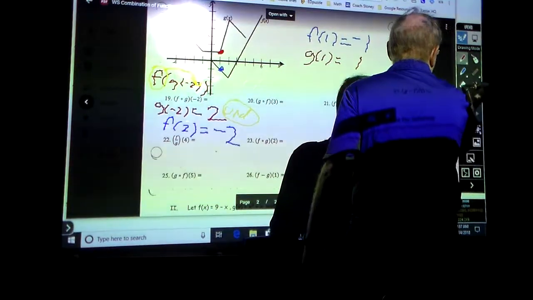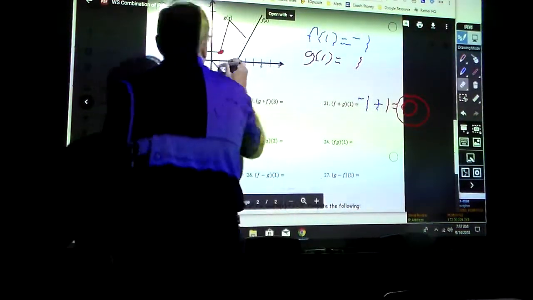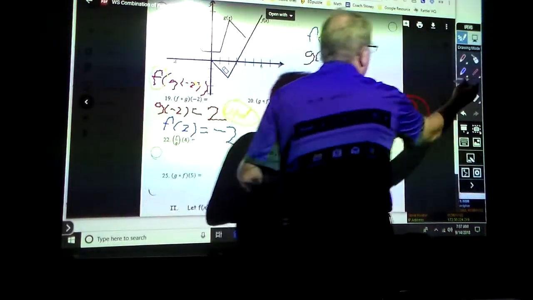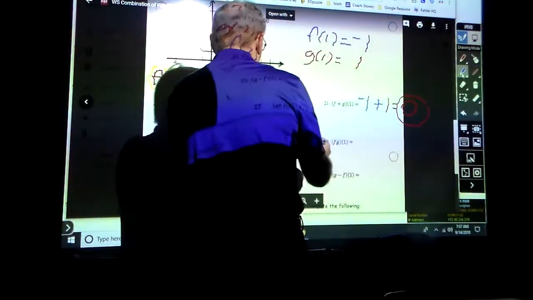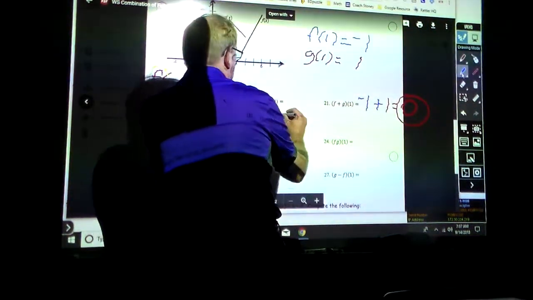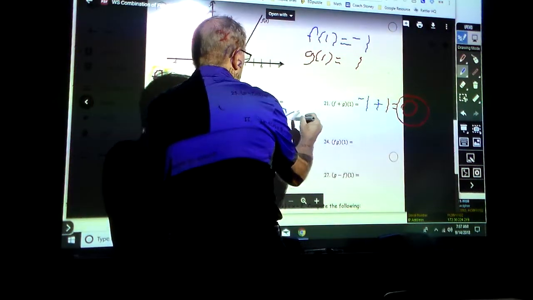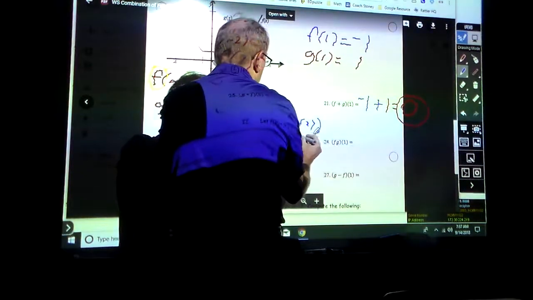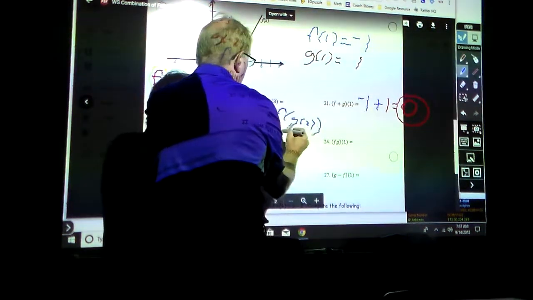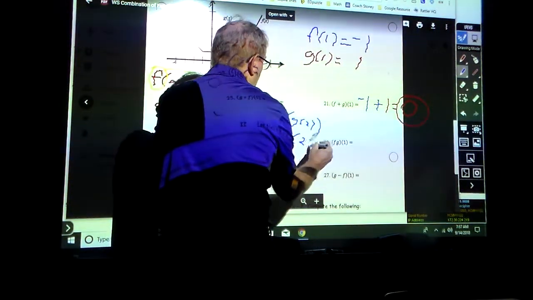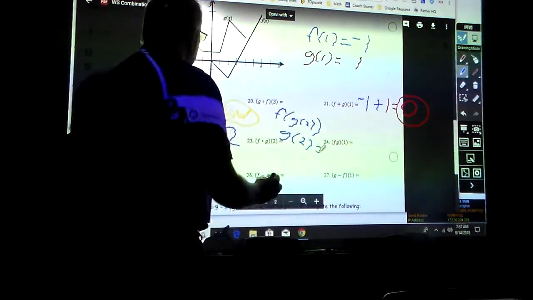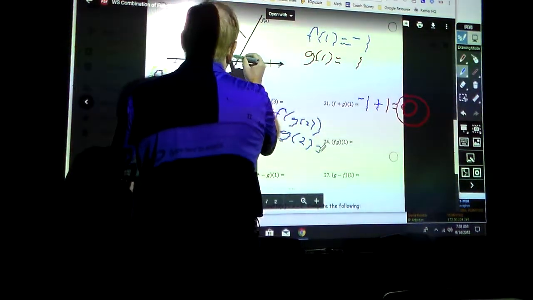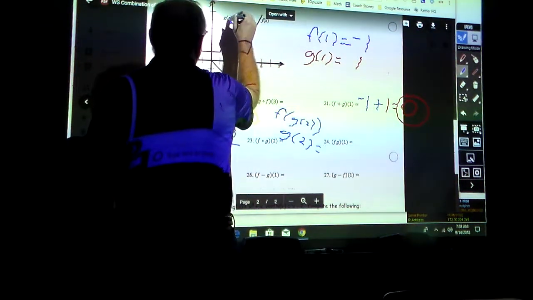So first off, let me get my little eraser here so I don't have these points to worry about. If I was to rewrite this, it would be f of g of 2. Meaning, find your answer for g of 2 first. So g at 2 goes all the way up here. It is that point right there.